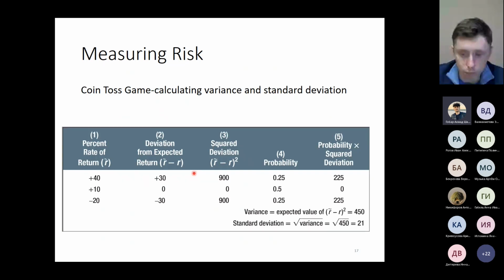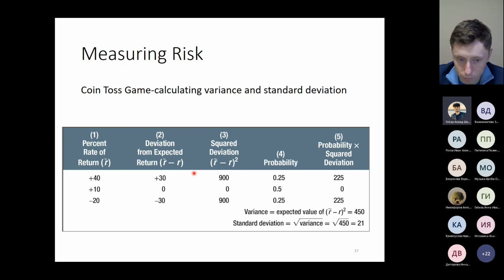Let's consider the estimation of the standard deviation. Here we have an example of the coin toss game, showing how we would estimate the variance and standard deviation, but we can do it for any type of uncertain event.